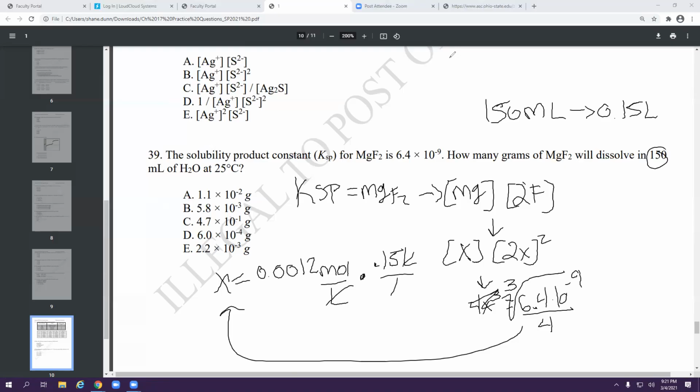Cancel liters out. 0.0012 times 0.15, I get 1.8 times 10 to the negative 4th power moles. That times the molar mass, which is 62.39.